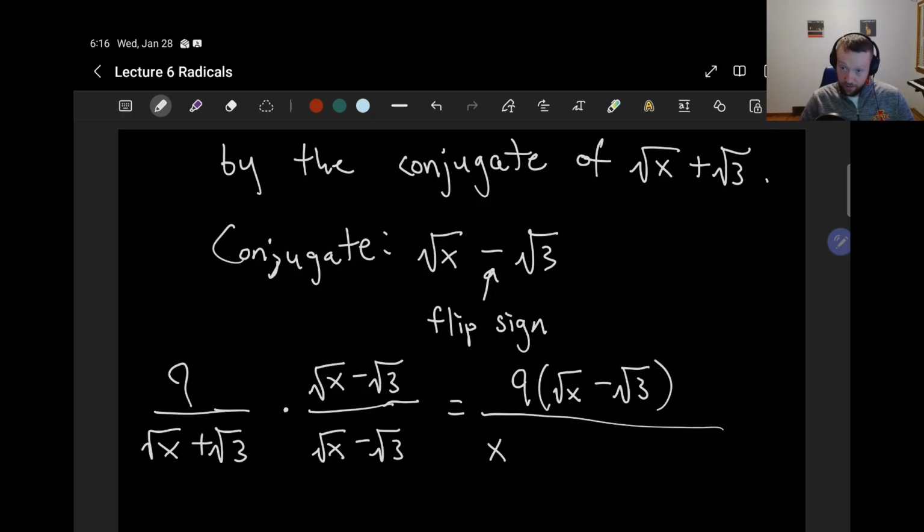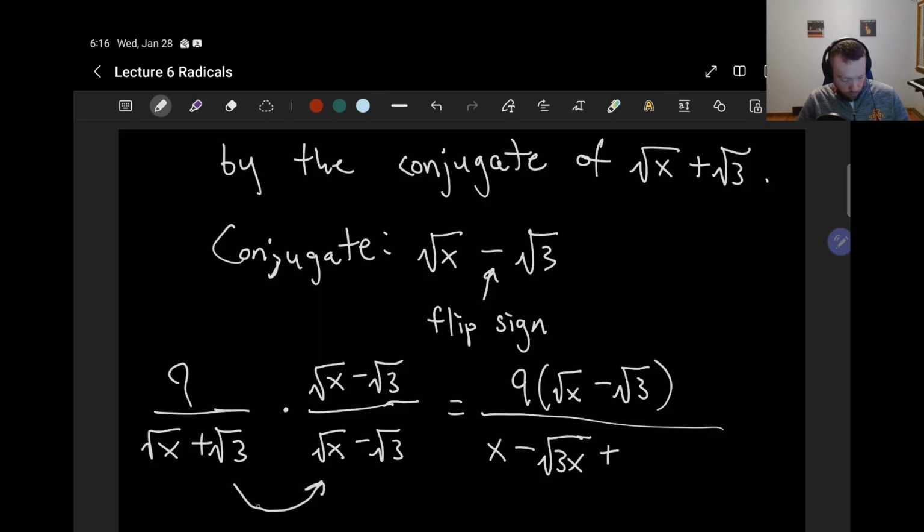That gets me x. Okay, then the outer terms, I have a root x times a negative root 3. So let's just put the minus out here. And because it's times, I can combine that as just a single radical. So 3x in there.